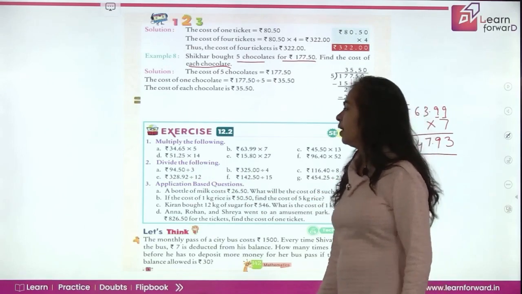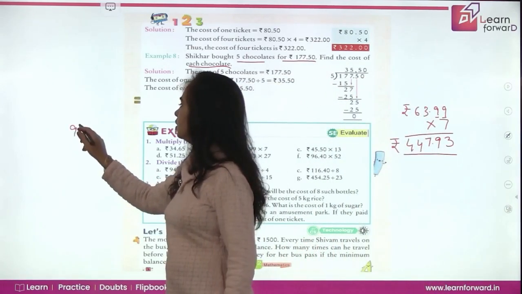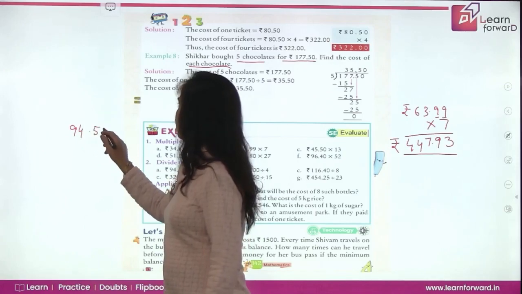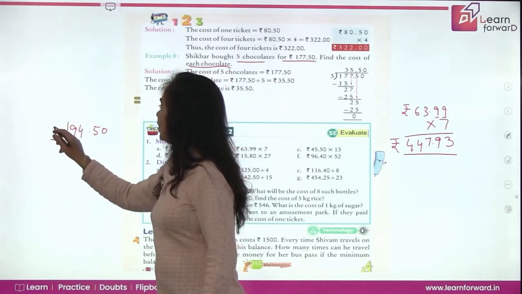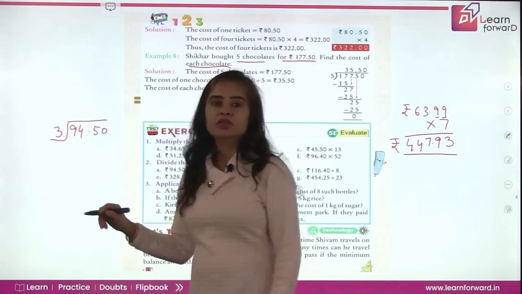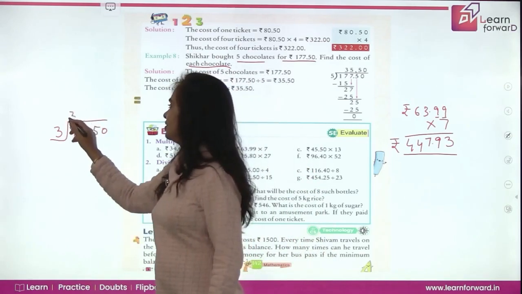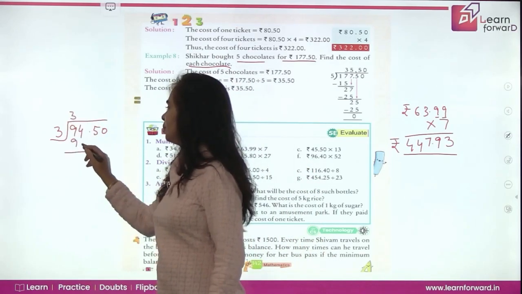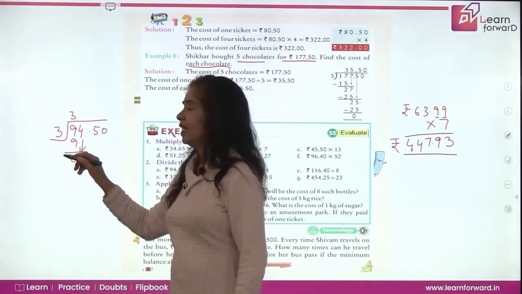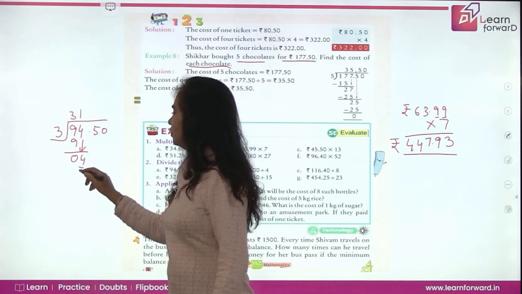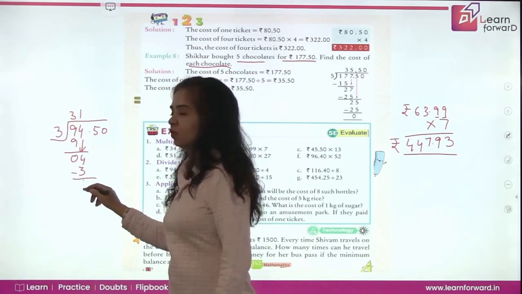94.50 divided by 3. Let's do this. 94.50 divided by 3. So let's begin. Yes, 3 threes are 9. Subtract 0. Exactly. Bring down 4 next. 3 ones are 3. Good. Subtract. You get 1.